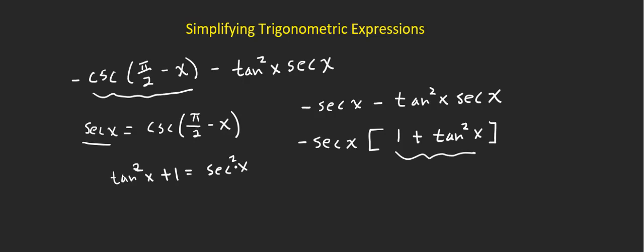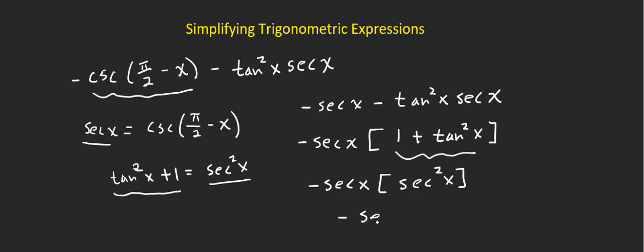That's one of the Pythagorean identities. So now, replacing tangent square x plus 1 with secant square x, you'll get negative secant x times secant square x. So what is that? You'll get negative secant cube x. And that's what you get after you simplify the original.